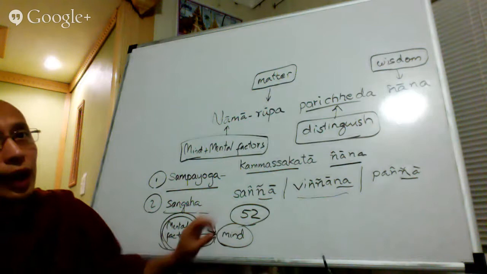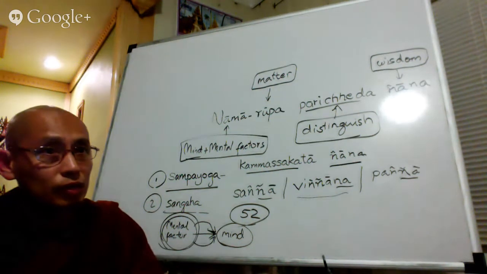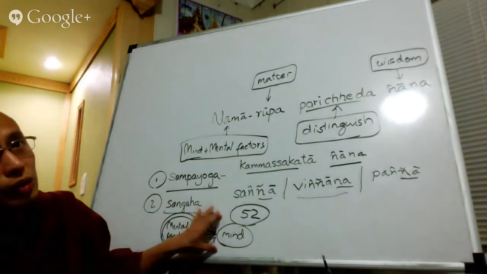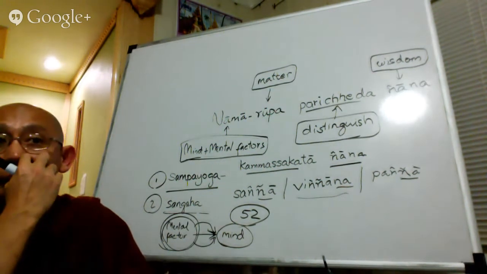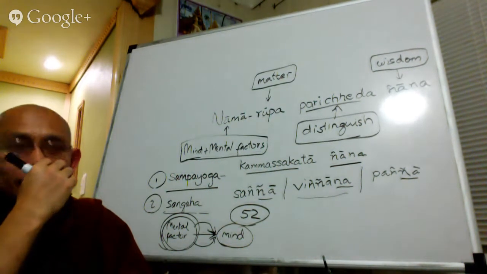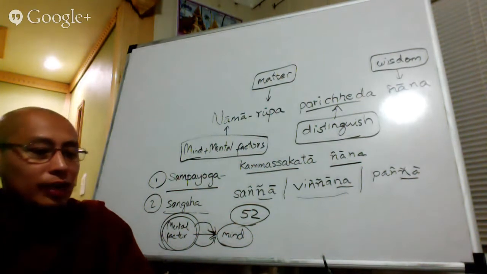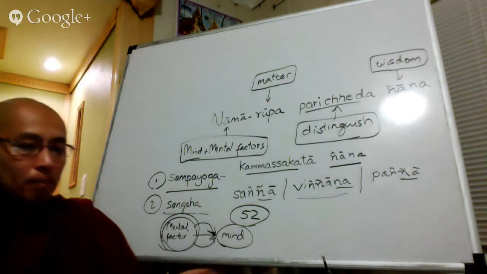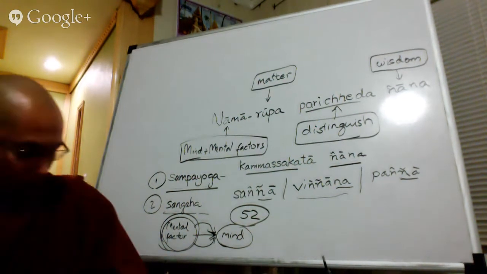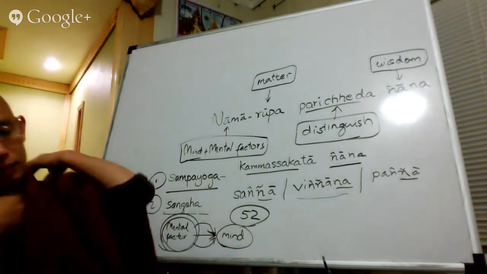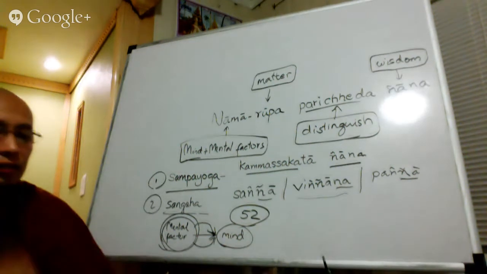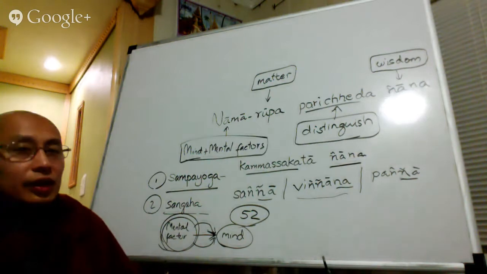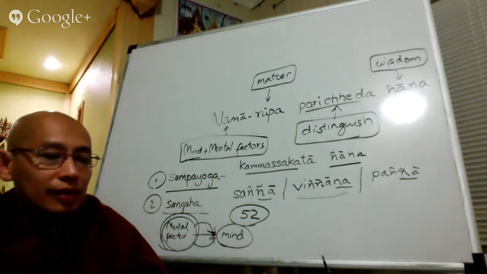What type of mind do the universal mental factors associate with? Page number 2. With 89 or 121 consciousness, all mind.